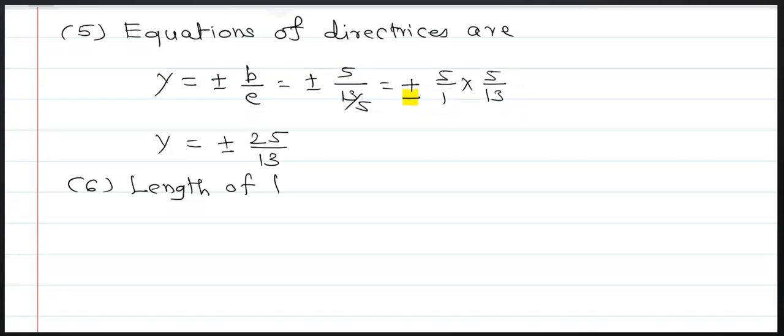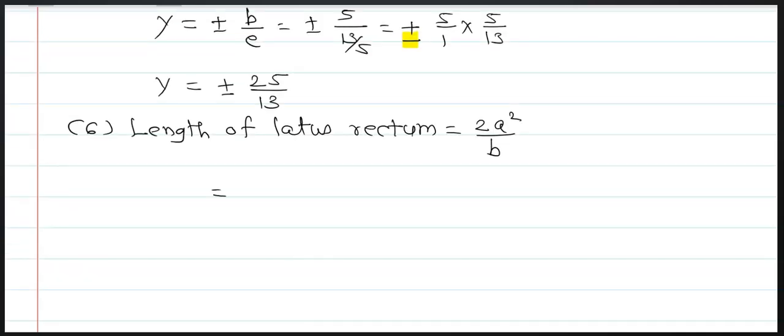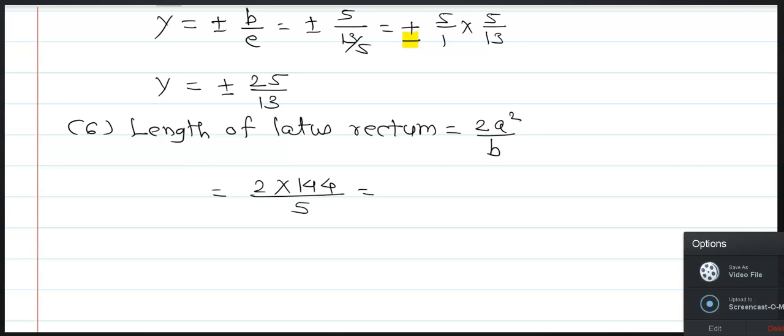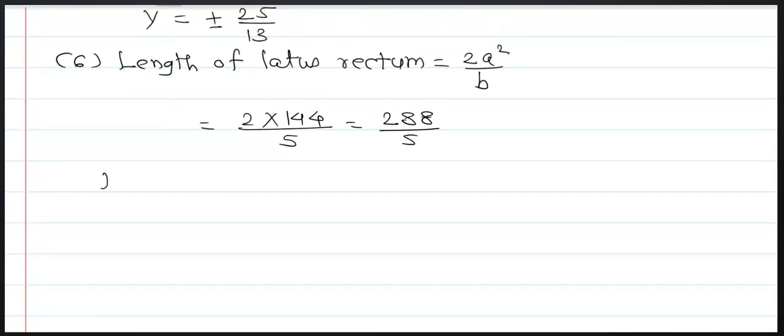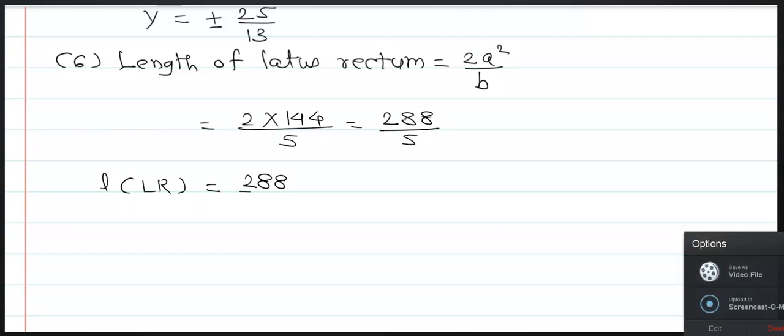Sixth one, length of latus rectum, that is equal to 2a square upon b, 2 into 144 upon 5, that is equal to 288 upon 5. LR is equal to 288 upon 5.